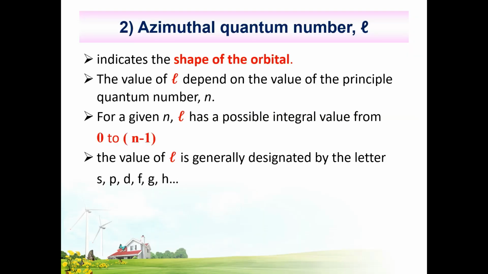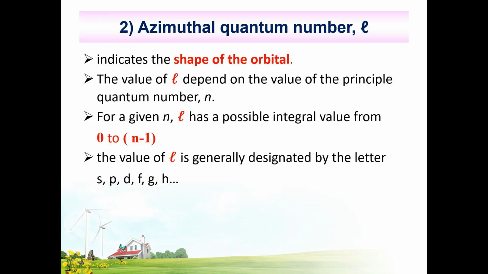The azimuthal quantum number l indicates the shape of the orbital. The value of l depends on the value of n. For a given n, l has possible integral values from 0 to n minus 1.